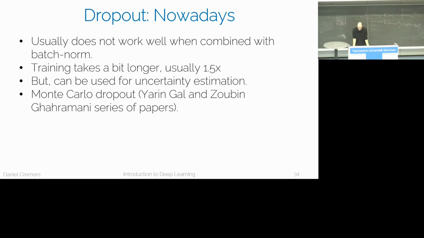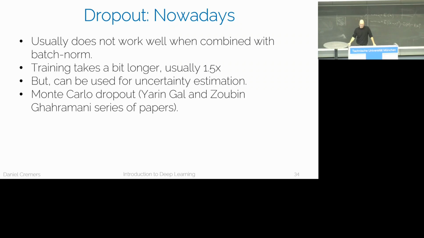The issue is that dropout doesn't work well with batch normalization. So dropout has become a little less popular now, because people nowadays often use this technique called batch normalization, which we'll talk about next.